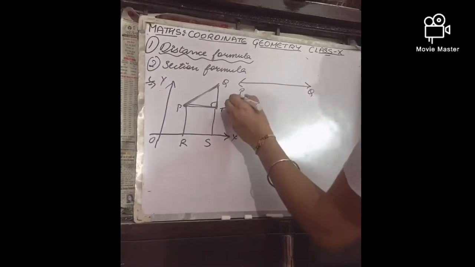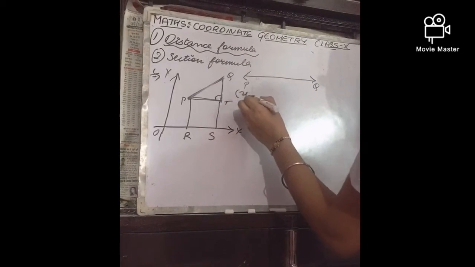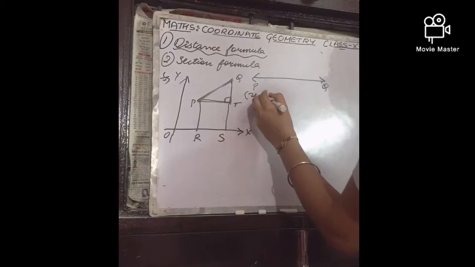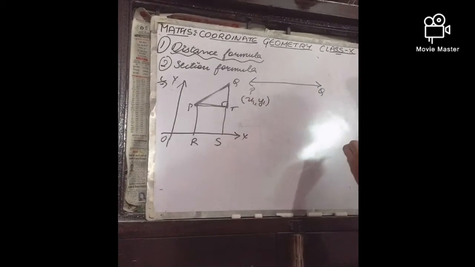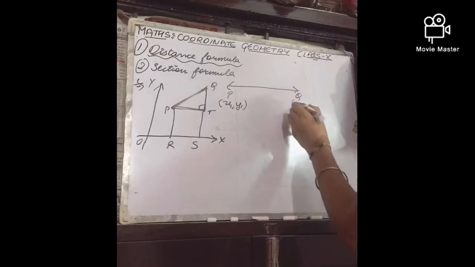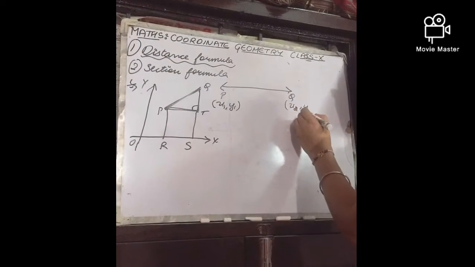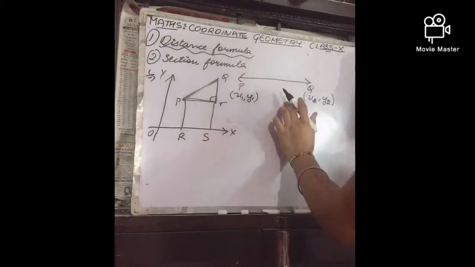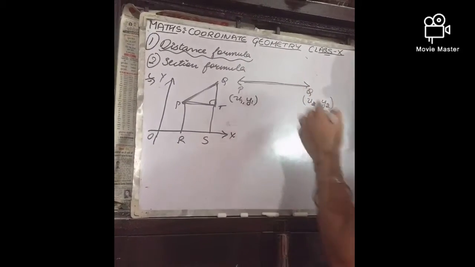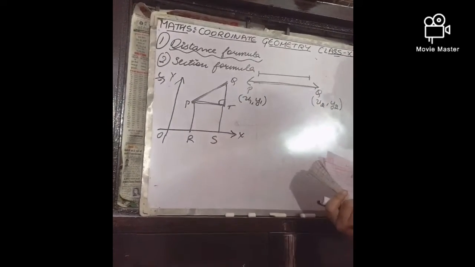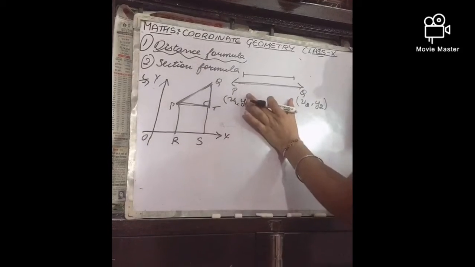So here the P coordinate is x1, y1, and the Q coordinate is x2, y2. Okay, so now we have to find the distance between P and Q.